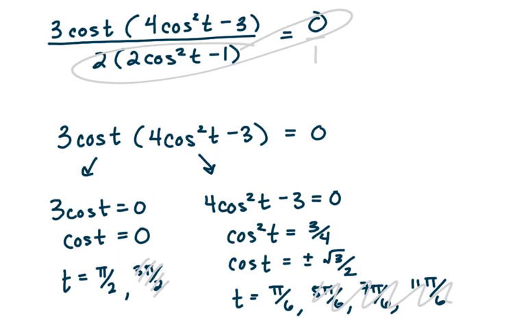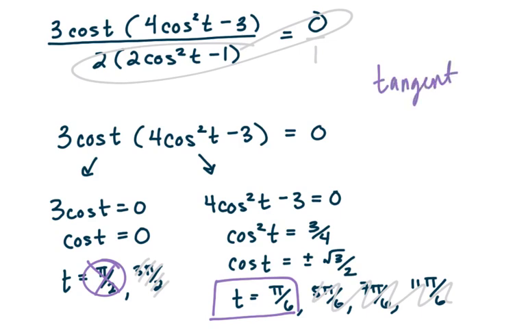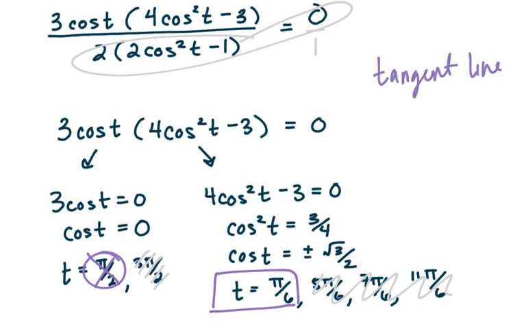Since t equals pi over 2 is on the y-axis, we're not going to use that. So we're really just concerned with t equals pi over 6. So the tangent line is horizontal at t equals pi over 6.